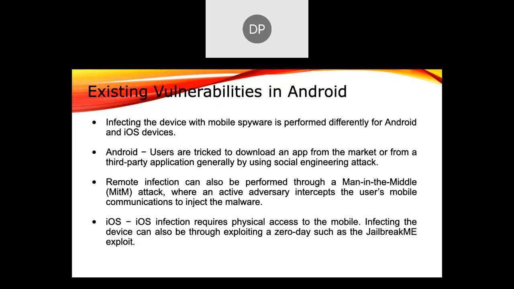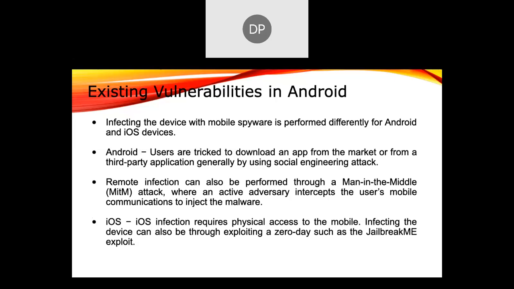The next topic in today's lecture is existing vulnerabilities in Android. Infecting the device with mobile spyware is performed differently for Android and iOS devices. For Android, users are tricked into downloading apps from the market or from a third-party application, generally by using social engineering attacks.